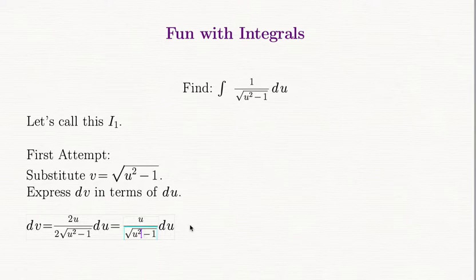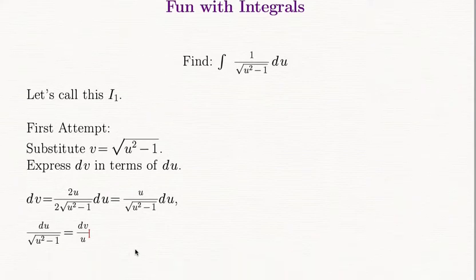So if we want to write the integrand of I1 exactly in terms of v, from this, cross multiplying, du by square root u squared minus 1 looks like dv by u. This is good as well as bad.